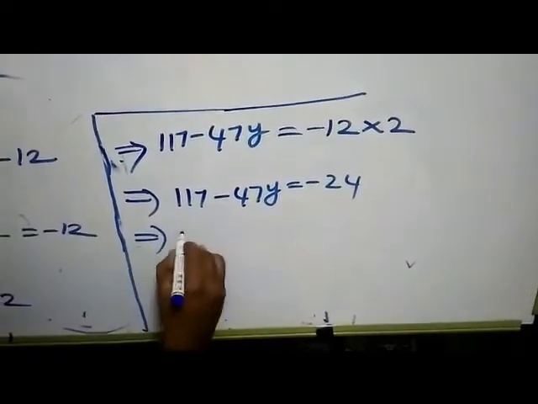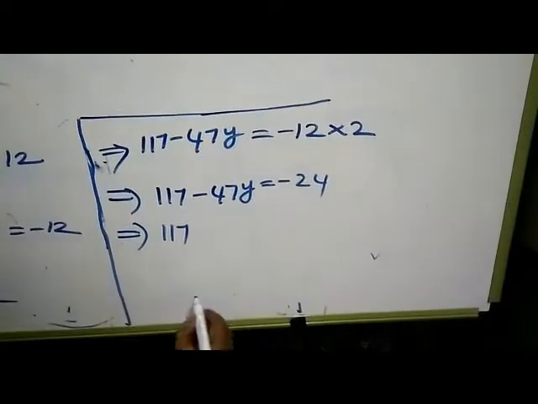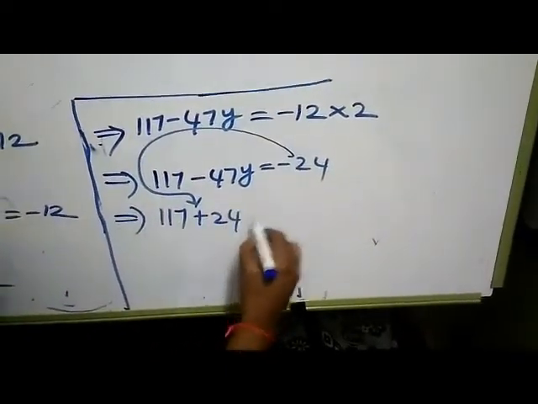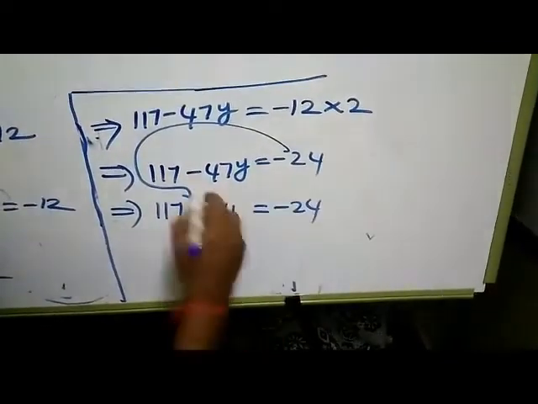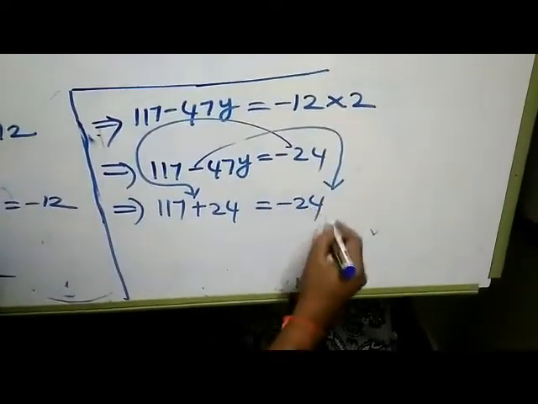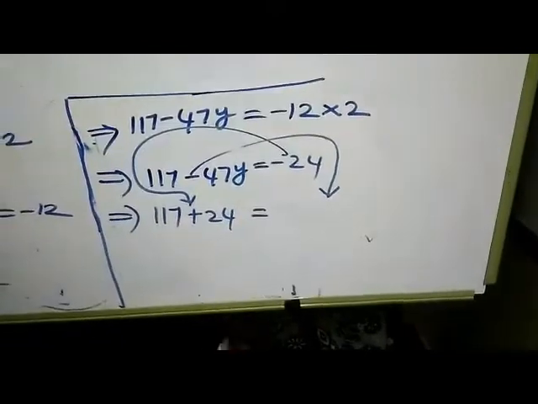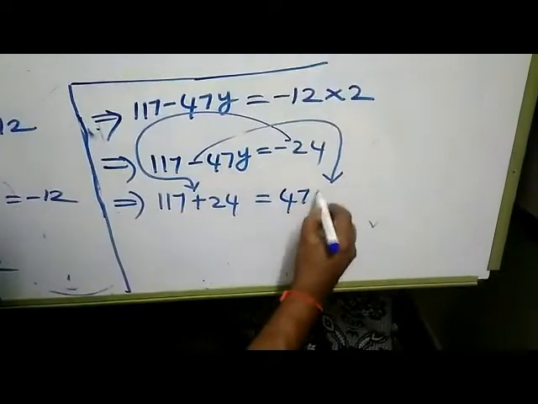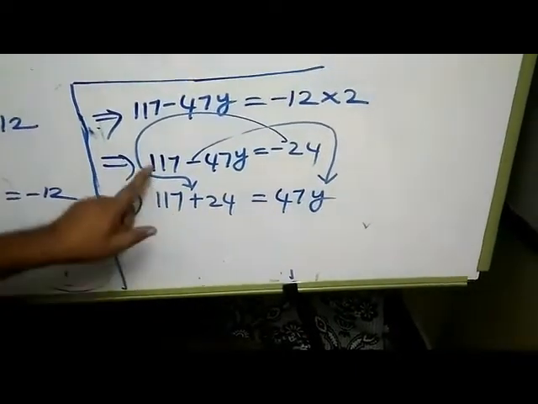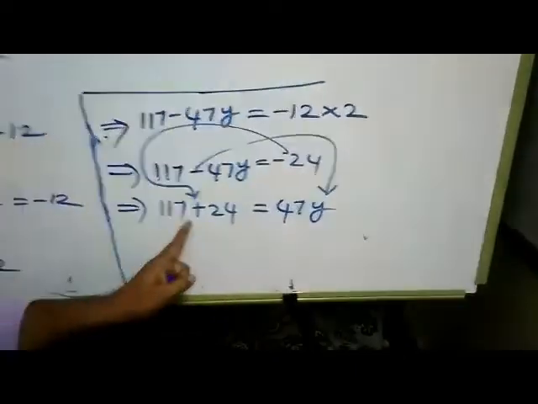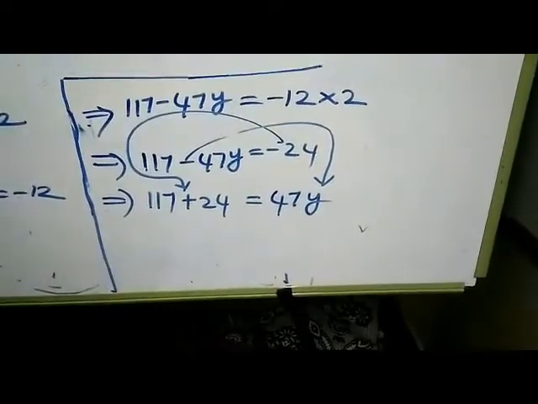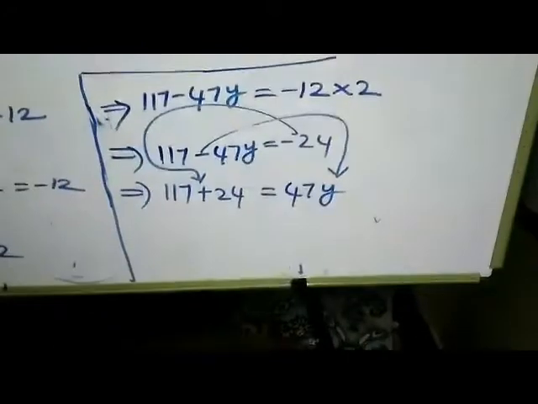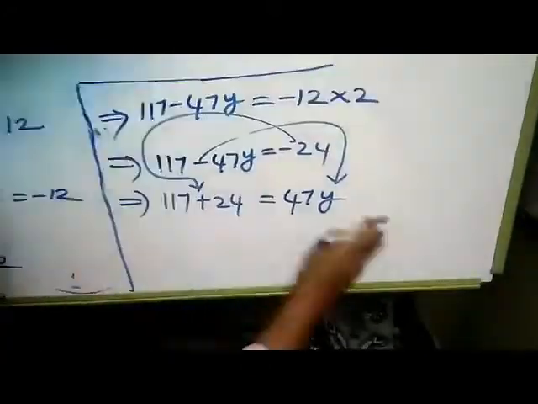That implies 117 plus 24 is equal to 47y: the minus 24 will be transposed from RHS to LHS as plus 24, and the minus 47y will be transposed from LHS to RHS as plus 47y.